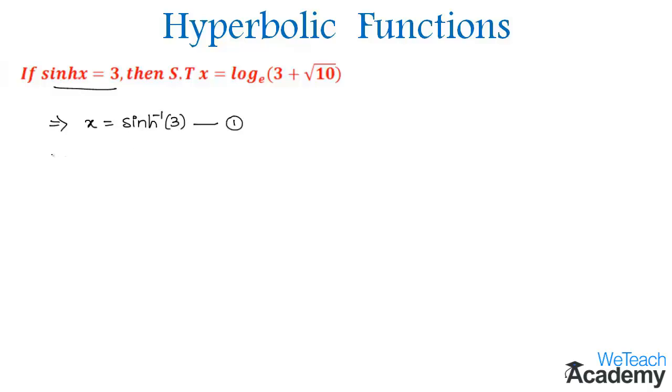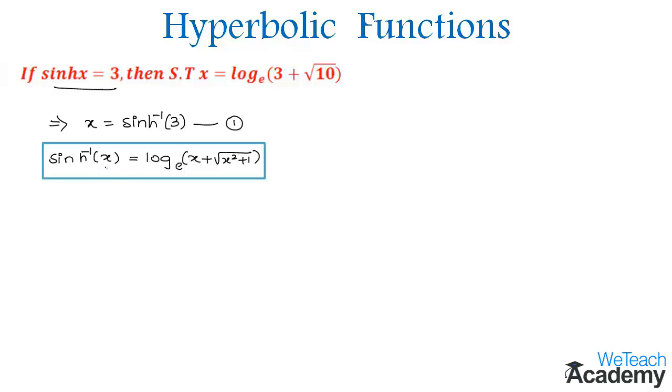And then using the formula of inverse hyperbolic sin x, which is equal to log x plus under root x square plus 1 to the base e. This is the formula which we proved in our earlier video.